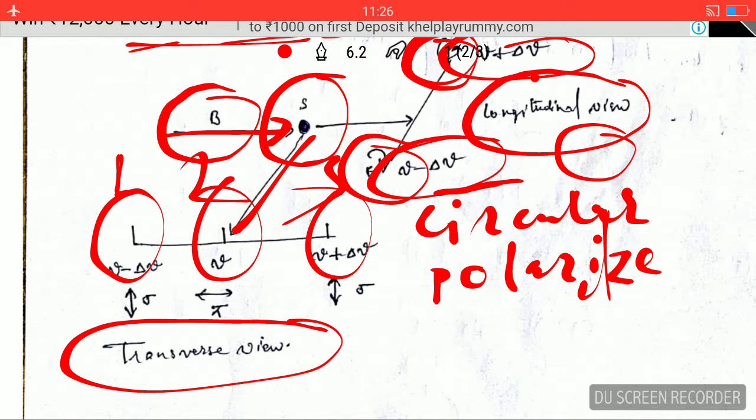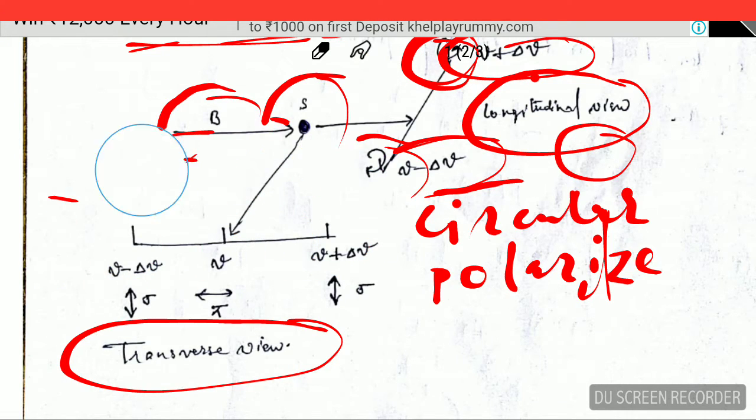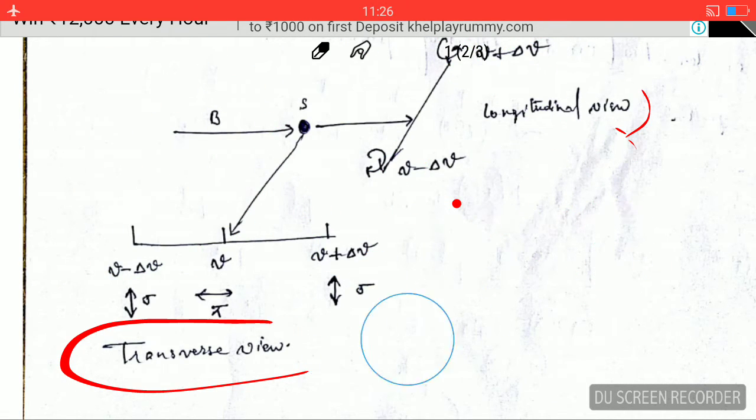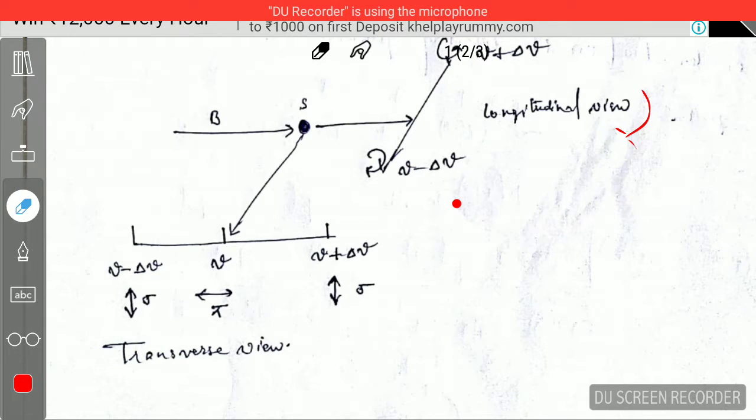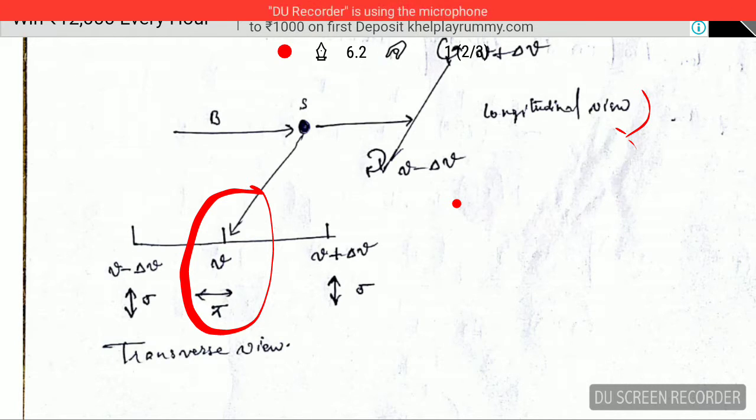Now this particular line has the same frequency as the frequency originally emitted from this atom.